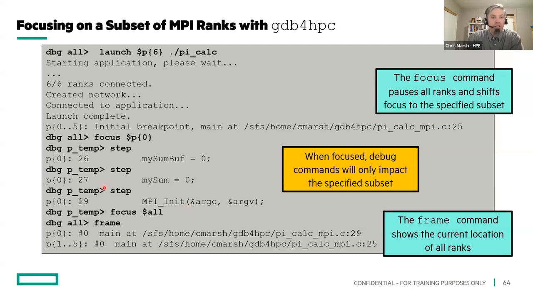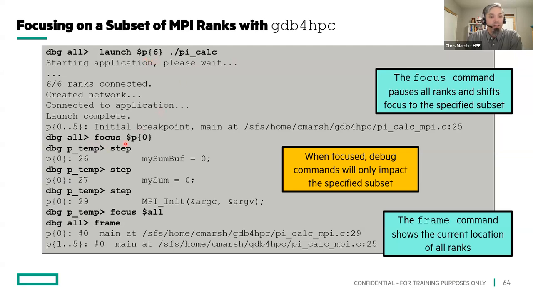And this application is an application I've used in previous trainings. It's a little toy code I wrote to calculate pi, but it's an MPI application. So this doesn't look like the other things, but it works, okay? Trust me. So here I have launched my application, and it's running on 6 ranks, okay? So that's what we can see.